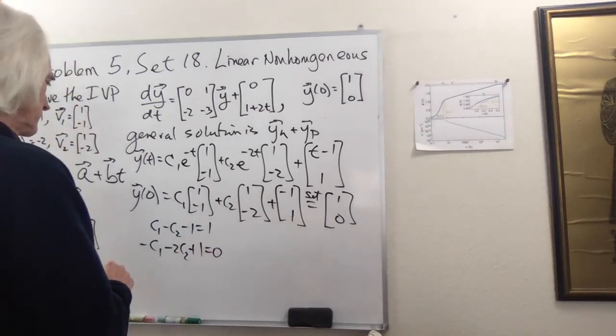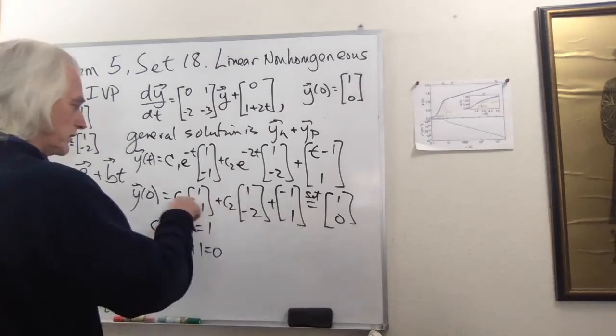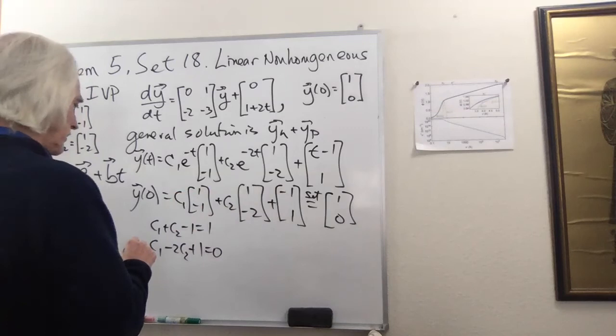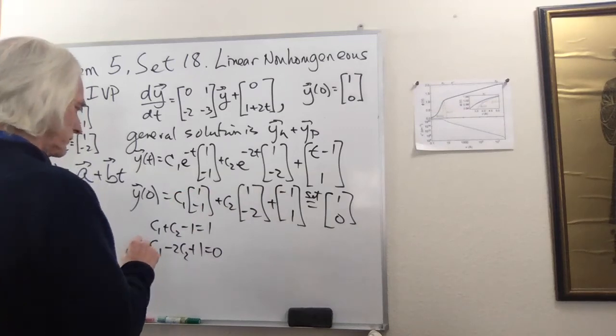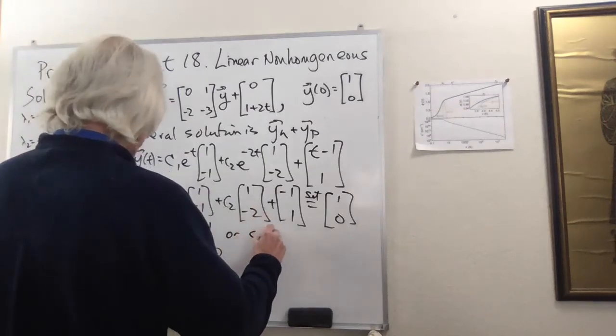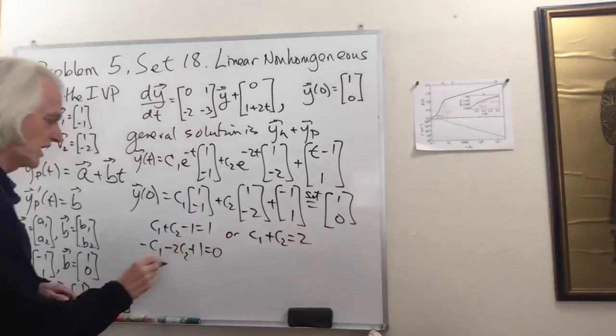Okay. And that's a plus right there. C1 plus C2, okay? All right, so let's put everything together. We have C1 plus C2 equals 2, adding 1 to both sides.